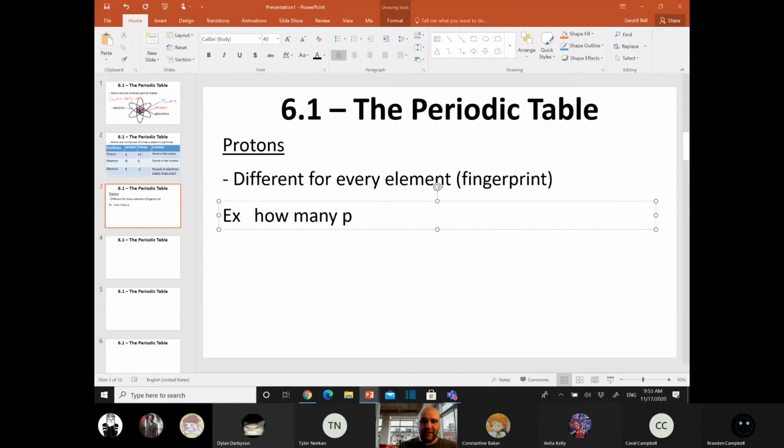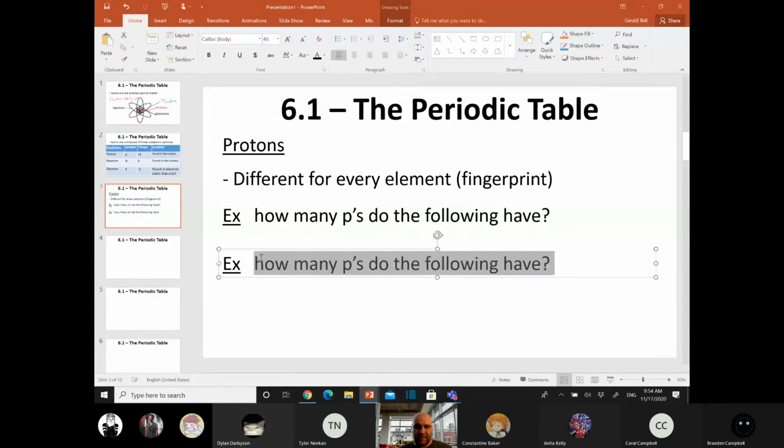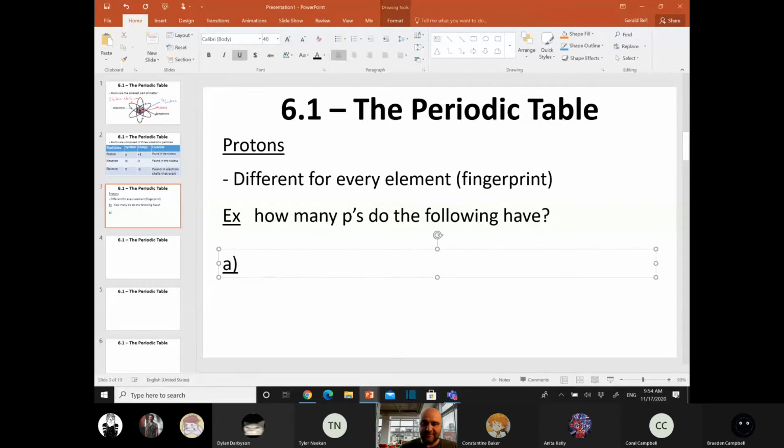How many P's does or do the following have? Okay, so a couple of these and you get the point. Let's do lithium first here. Lithium. Or just Li, whatever you want to put.